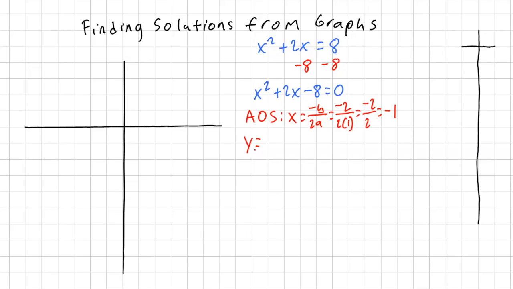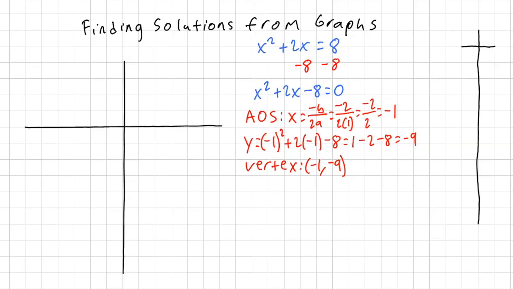Y equals negative 1 squared plus 2 times negative 1 minus 8. And that will give you 1 minus 2 minus 8. So that will give you negative 9. So our vertex is the point negative 1, negative 9.